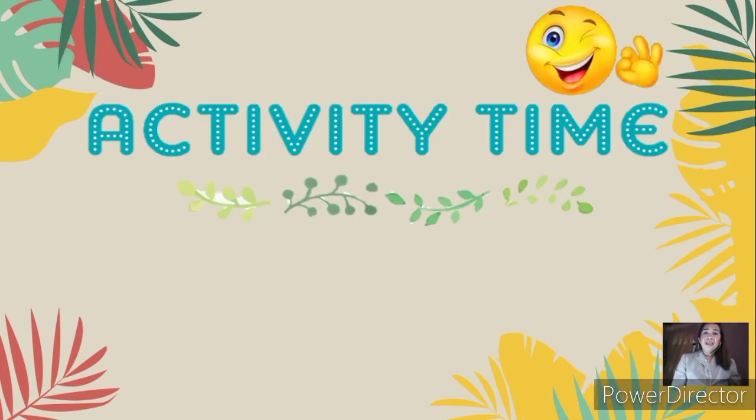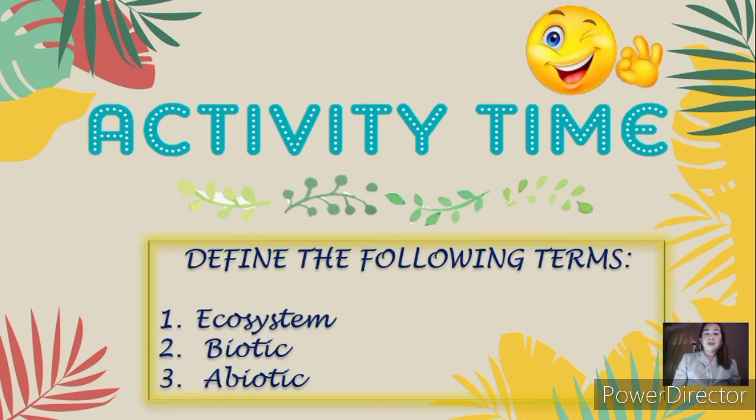Before we end our video tutorial, let me give you the last part of the activity for this lesson. I want you to define the following terms: ecosystem, biotic, and abiotic components of an ecosystem.